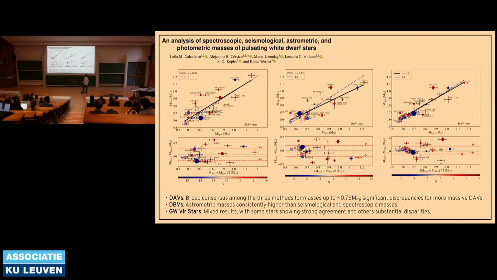So basically what we did is we measured all the seismic masses, and we compare with the spectroscopic and the photometric ones. So if there is a good match, 1-1, then what we do is pretty good. But if not, something is wrong.